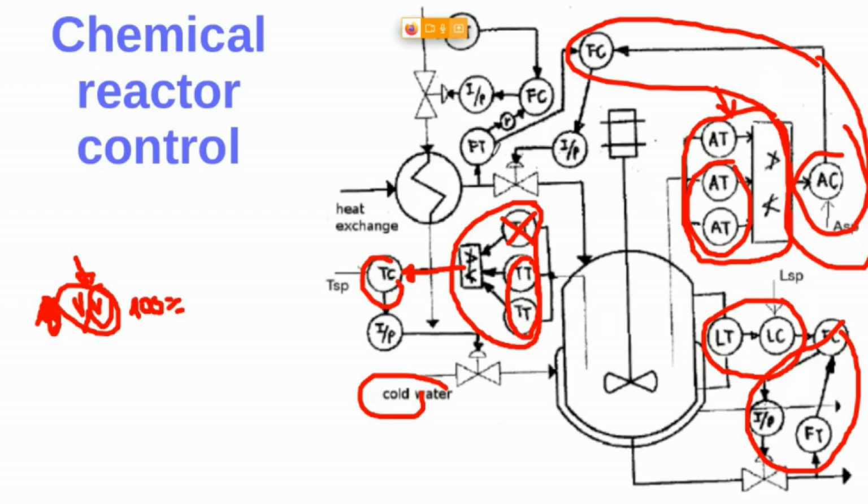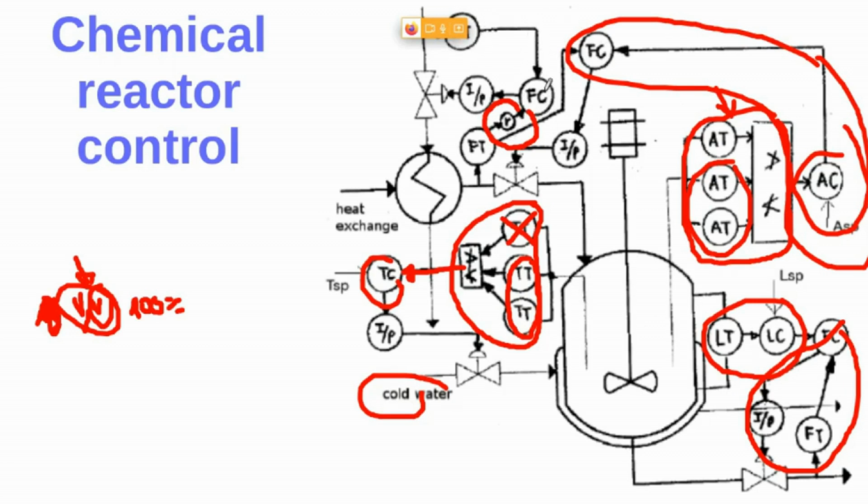But as you can see here, we have an R here multiplying the measurement of this flow transmitter. Can you see here? So that is a ratio control structure in here, because we have also a flow controller in here, right? Here we have the measurement, the flow transmitter.